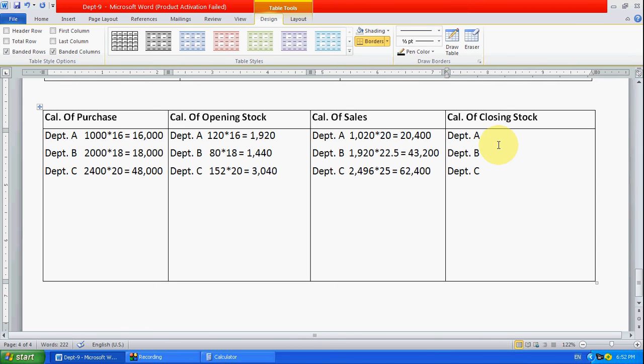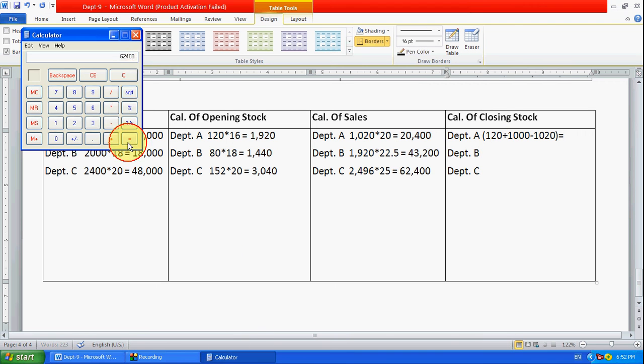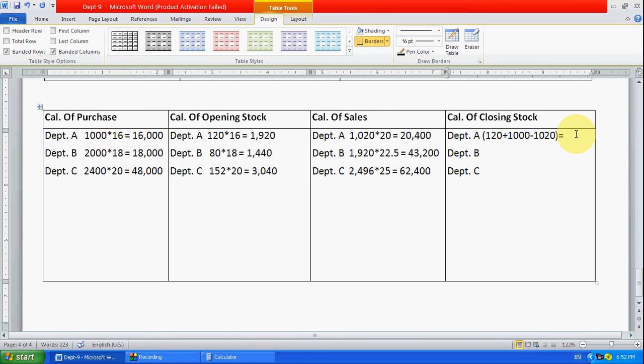Overall, 120 plus 1000, and sale is 1020. So 120 plus 1000 minus 1020, the closing will be 100. So closing stock will be 100 into, what is the new price? 16. The new price will be 16.